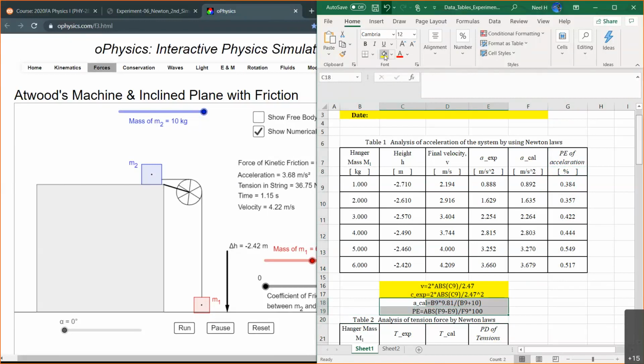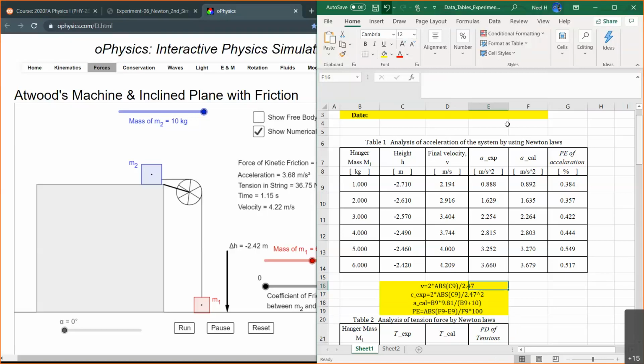Since there's no standard value here, I was thinking to do PD, because the difference between percentage difference and percentage error is that percentage error we usually do if we have anything standard like the gravitational constant or other standard values like the density, then we know what to expect, right? But in this one, we don't have a standard value.